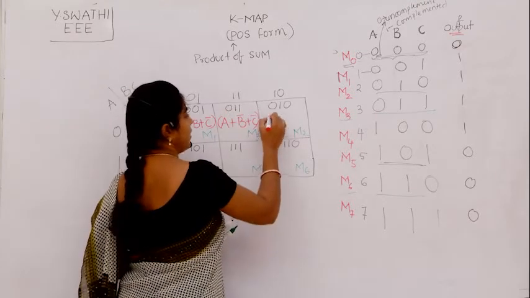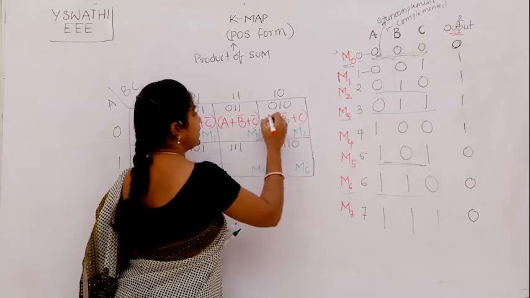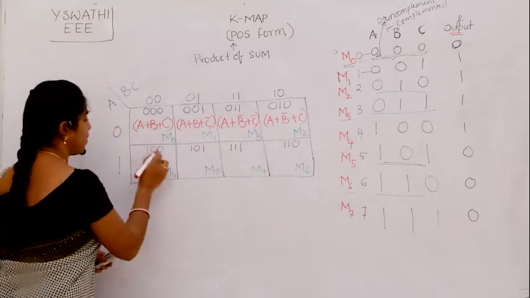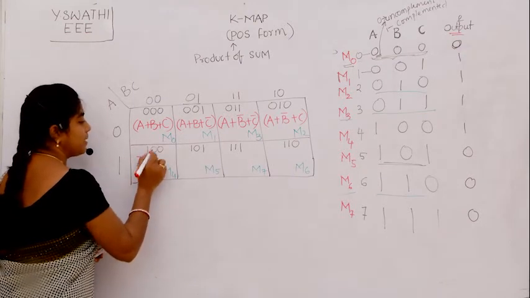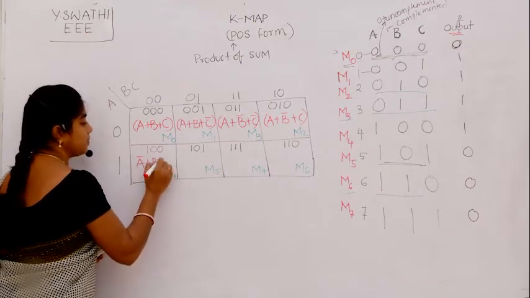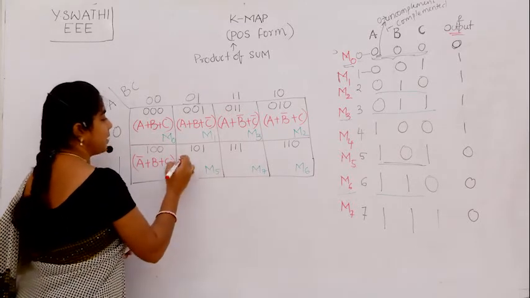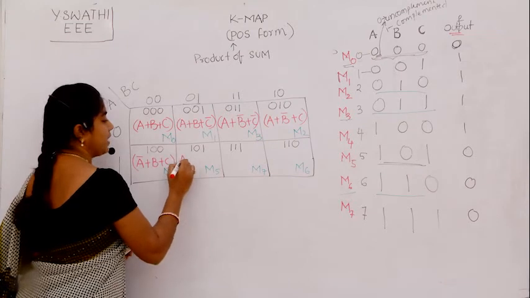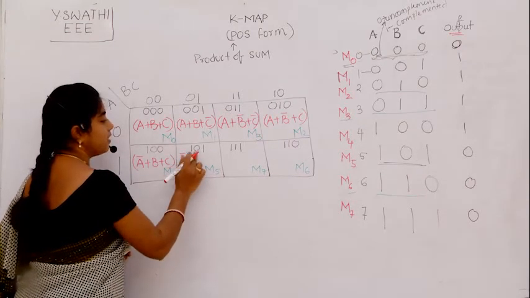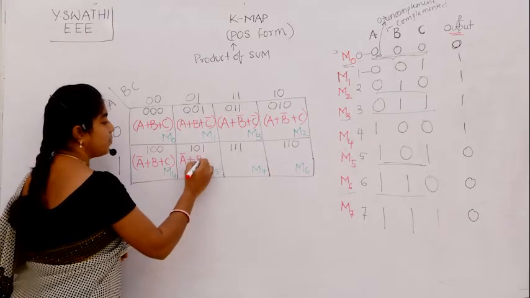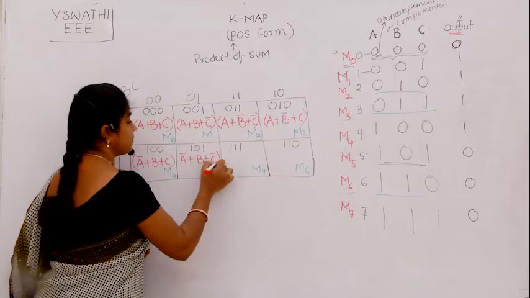The next one is A plus B bar plus C. In the same way, 1 1 0 means A is in complemented form plus B, C are uncomplemented forms. And M5, that is 1 0 1: A is 1 here, so it is complemented; B is 0, so uncomplemented; and C is 1, so C is complemented.